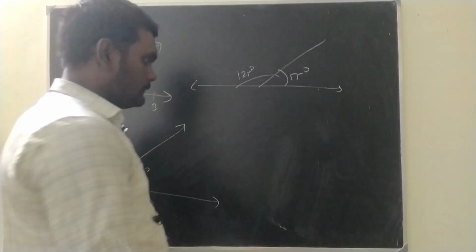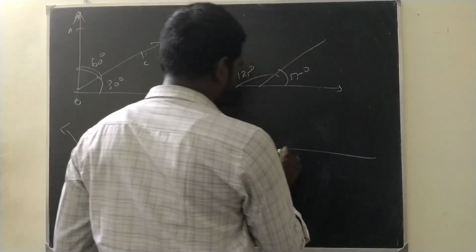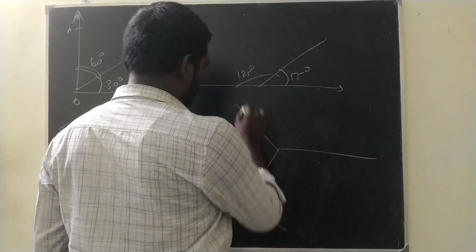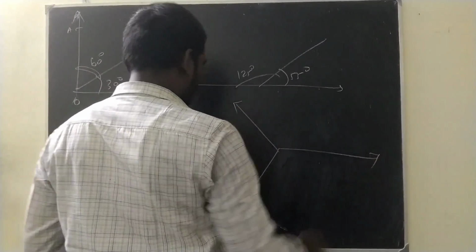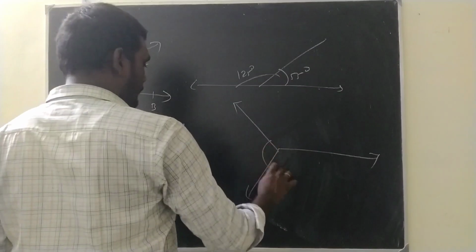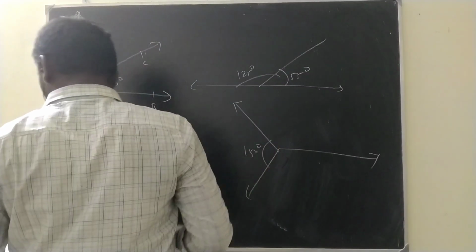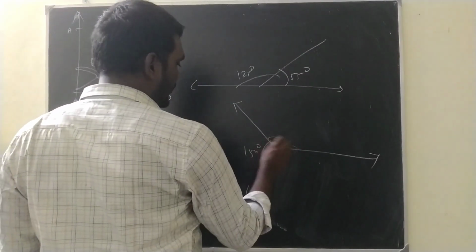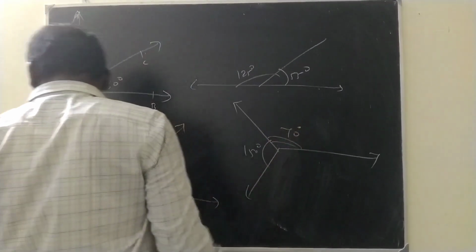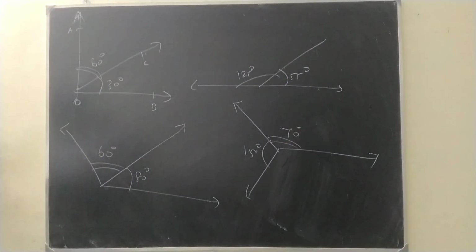Next, here 150 degrees, here 70 degrees. What can you say about this? Adjacent angles because they share a common arm. Okay.